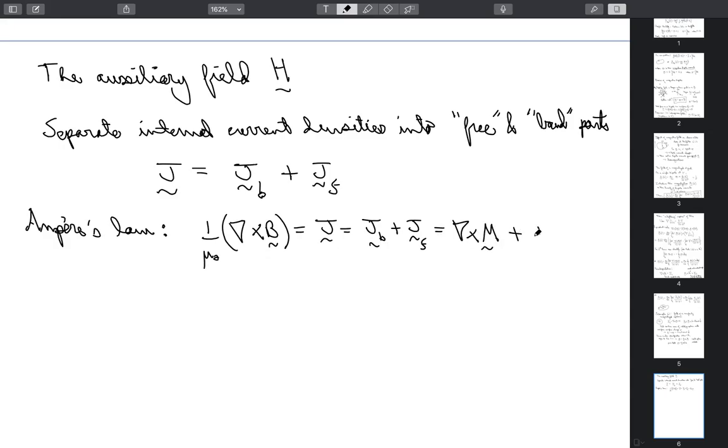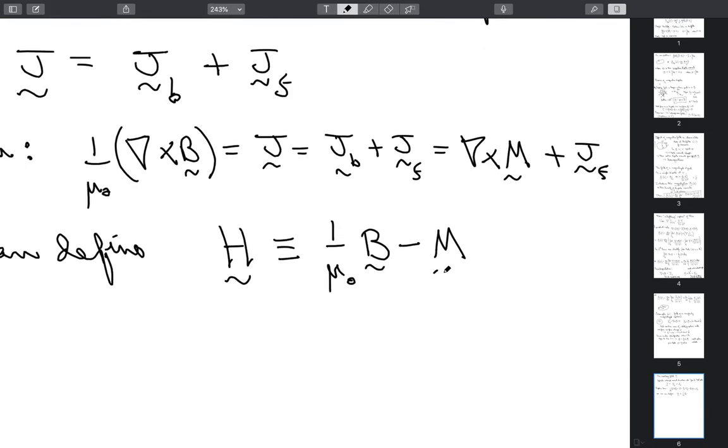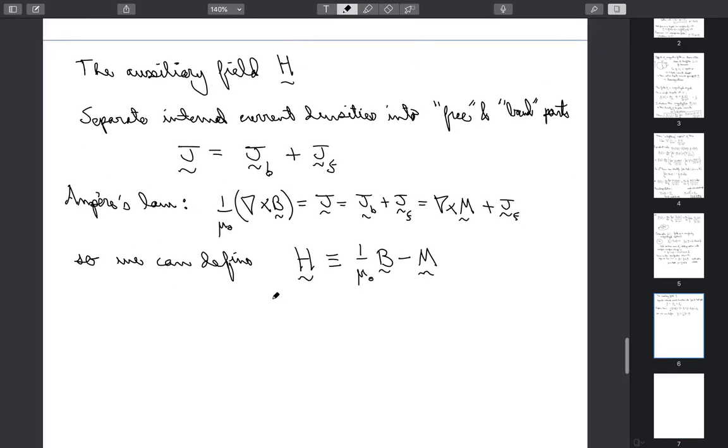Okay? So what we can do is just define a new object, H, which by definition will be 1 over mu 0 times B minus M. Okay, and this new field obeys the very simple relation that its curl is equal to the density of free currents.